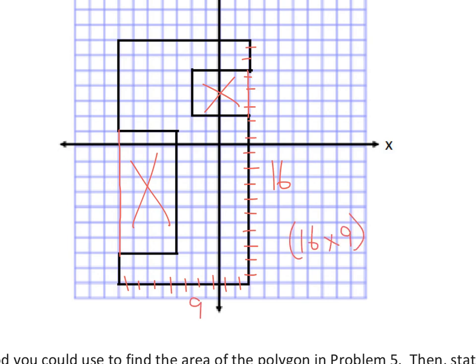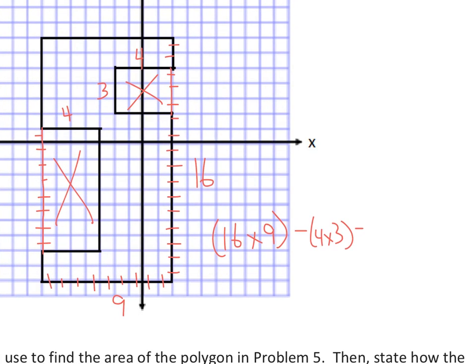All right, and then from that, we're going to subtract the 4 by 3 rectangle up here. And then we will also subtract the 4 by 8 rectangle up there.